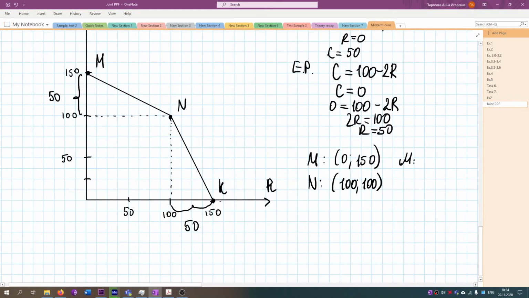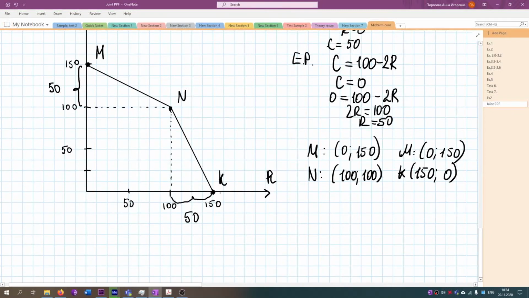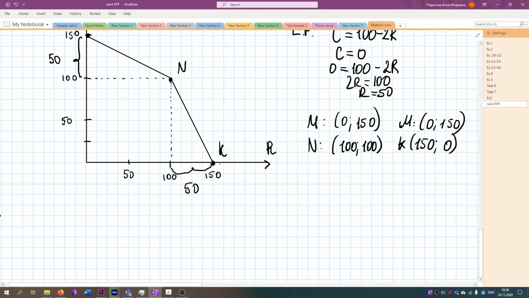I'll write them here again for convenience. And for K point, we have coordinates 150, 0. For finding the equation, I will use the method of coefficients.